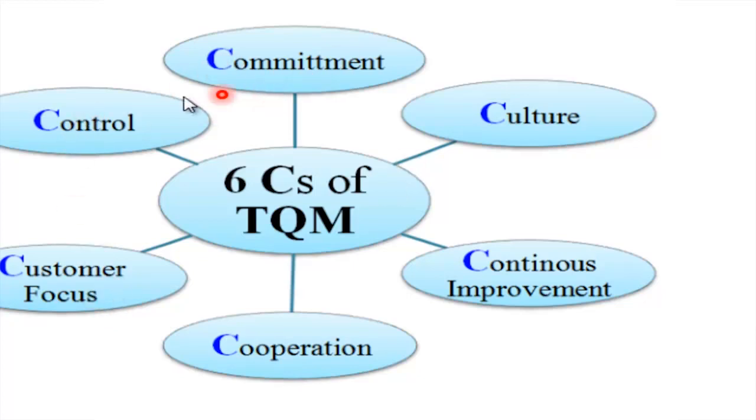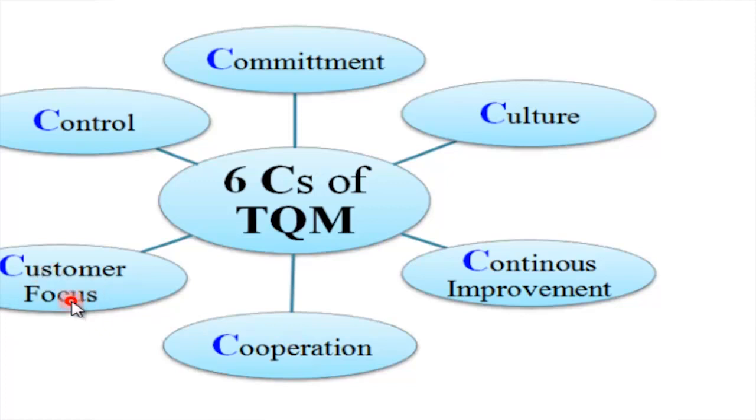There should be a very good commitment for your work in the organization, and the culture is there. You have to adapt to the culture, support the culture, and deal with the culture. And continuous improvement: the improvements are continuous. You cannot do the same mistake again. The improvement should be continuous, should not be backward. Cooperation: cooperate with each other in the organization.